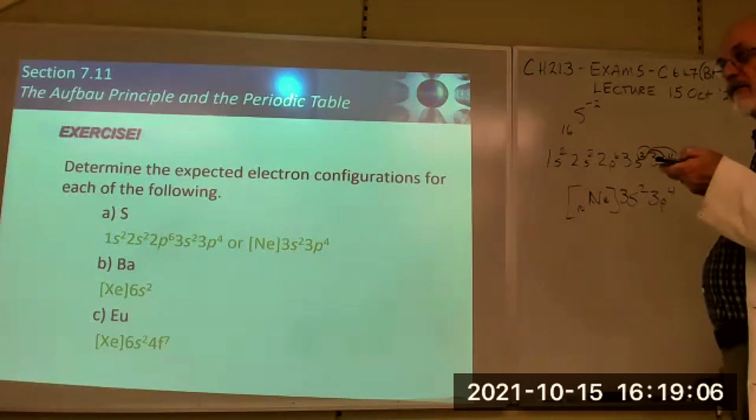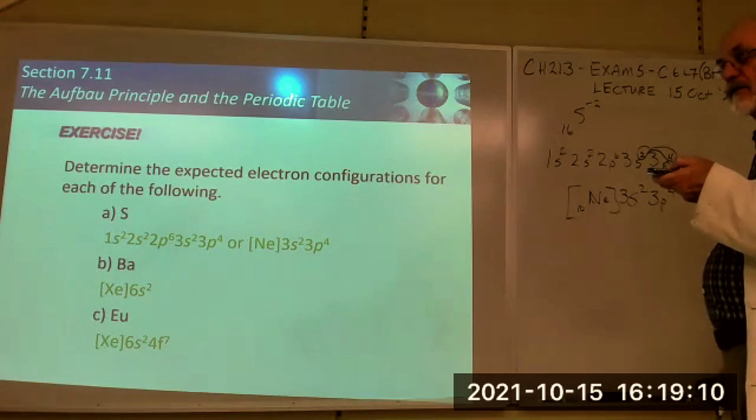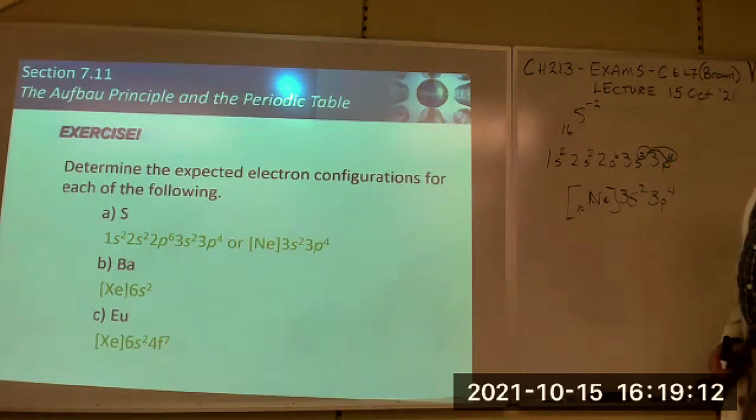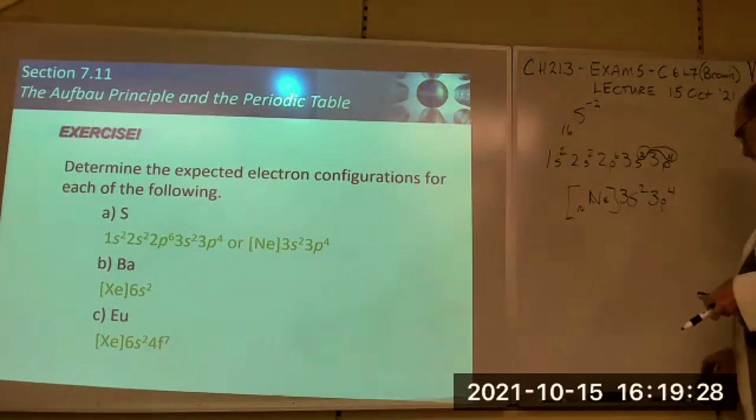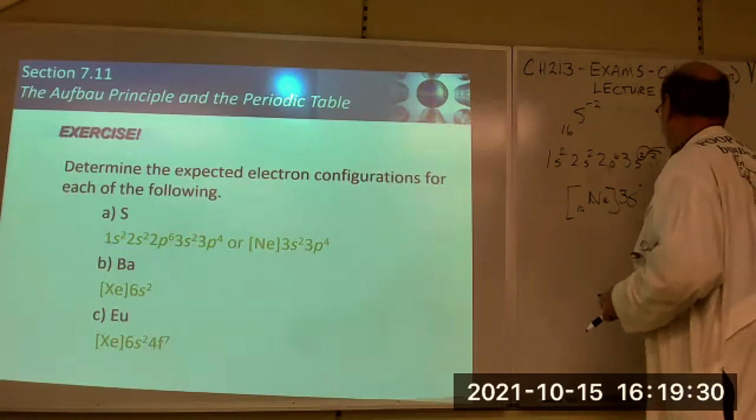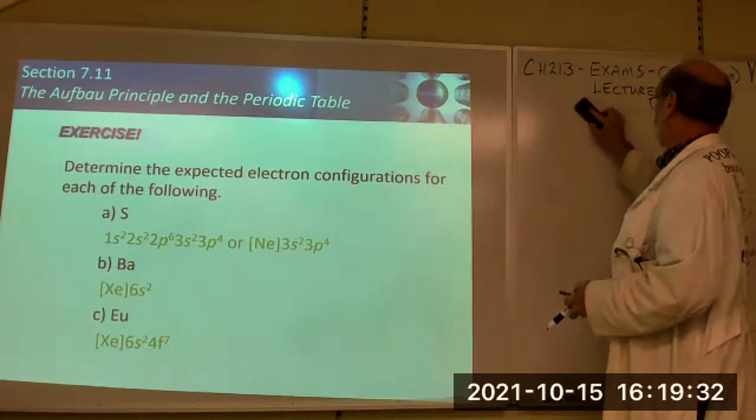So it's 4f: 1, 2, 3, 4, 5, 6, 7. I'm not going to throw too many of those extra, because while they're interesting, they're not very useful to us at this level. So we're going to spend most of our time up here. I should say time and energy.